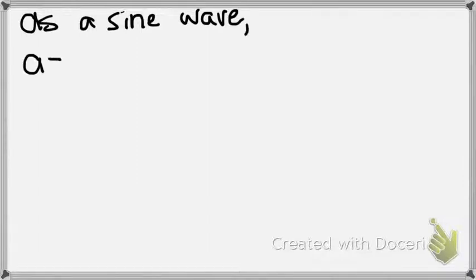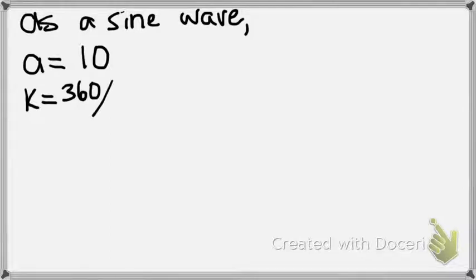So as a sine wave, keep your picture in front of you. Let's think of A. A is still the same. The amplitude does not change. So we can keep that as 10. K doesn't change either because the period is still the same. It still takes 20 seconds to complete one revolution. So we're going to keep that as 18.